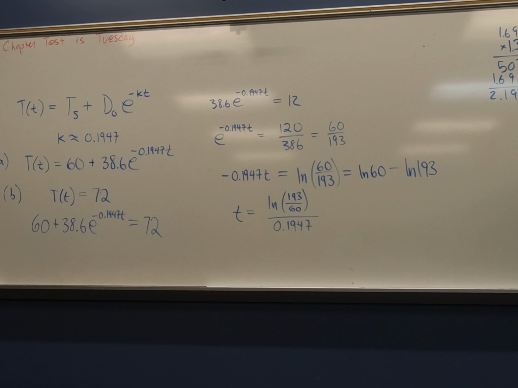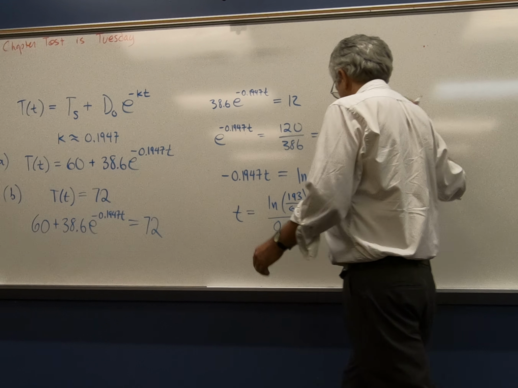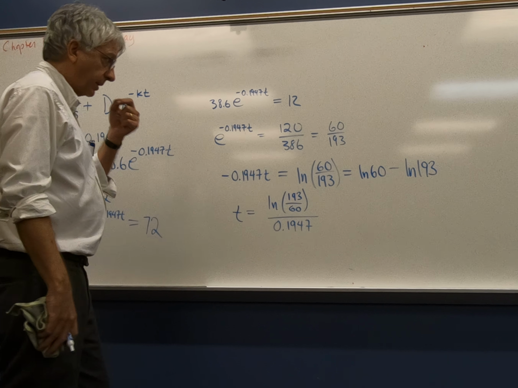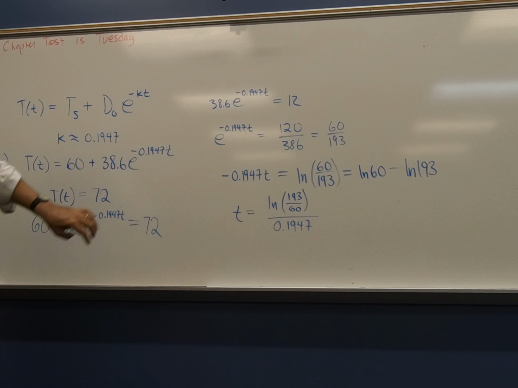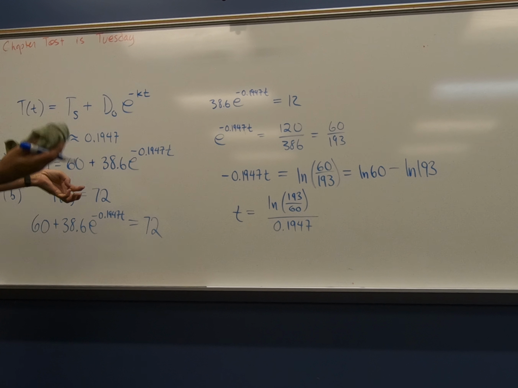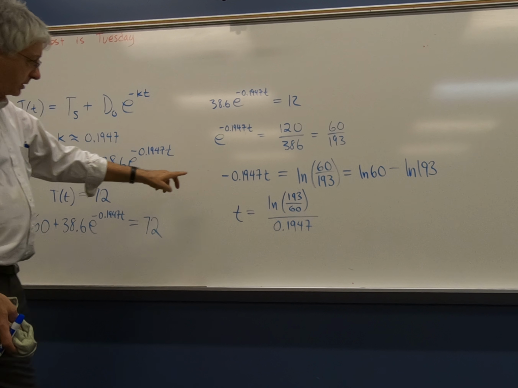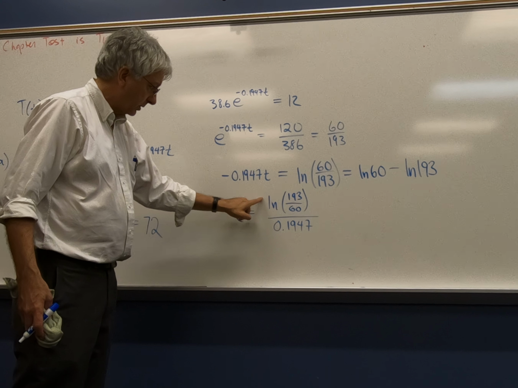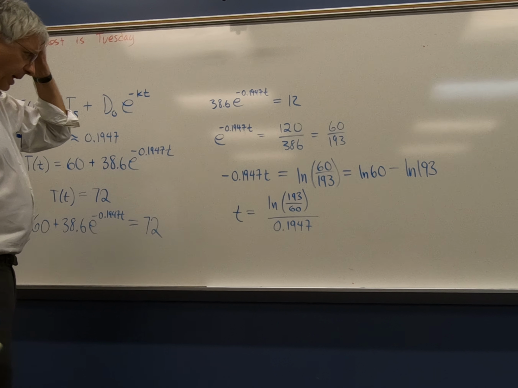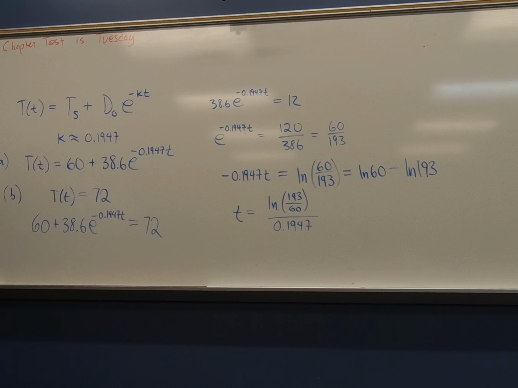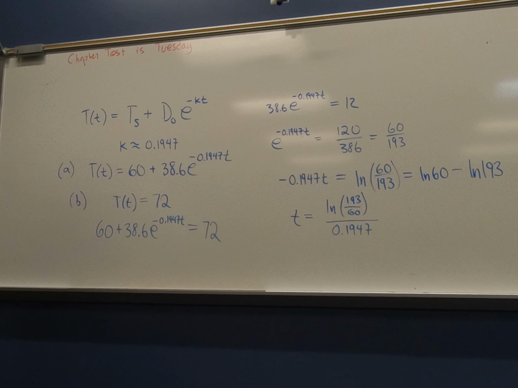Yeah, I took the reciprocal of 60 over 193. Right, and the reciprocal is that thing raised to the -1 power. So you can bring out the -1 and have the reciprocal, and then this negative cancels that negative, and so I've got a positive divided by a positive instead of a negative divided by a negative.